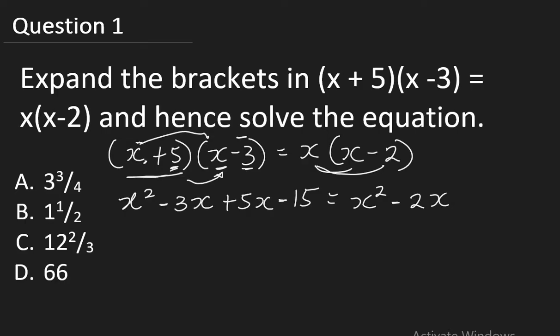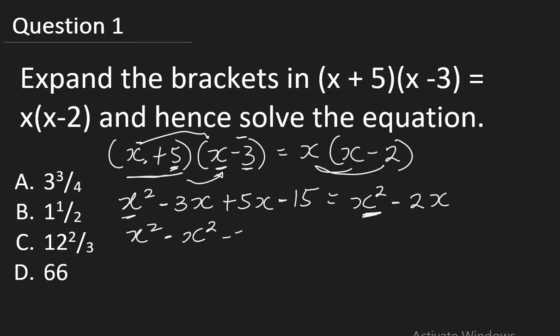Alright, the next thing to do is to collect like terms. You have x squared here, we need to move this x squared to the left hand side to meet its brother. So the x squared in the right hand side crosses the equal to sign to move to the left, being a positive value it changes to negative x squared.